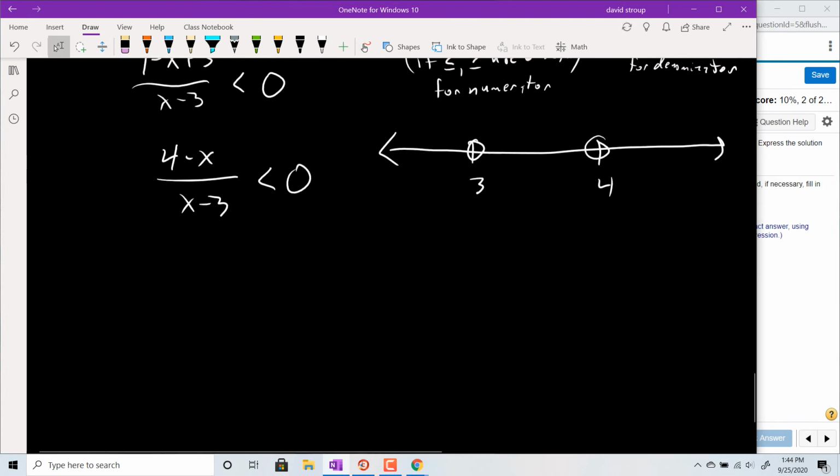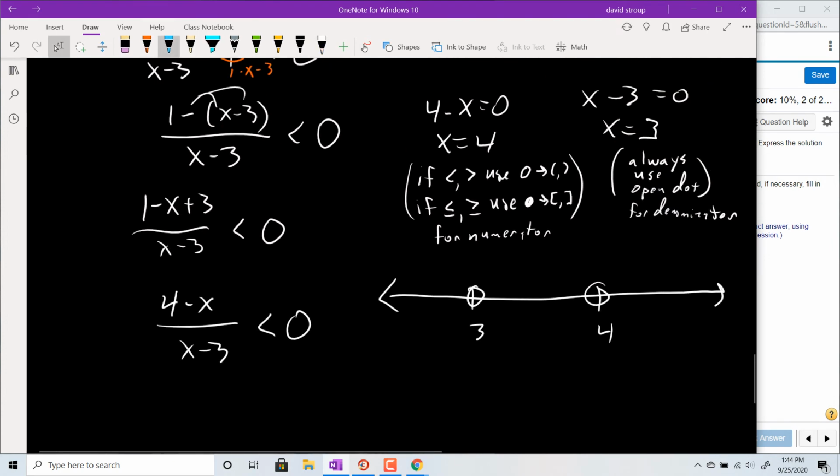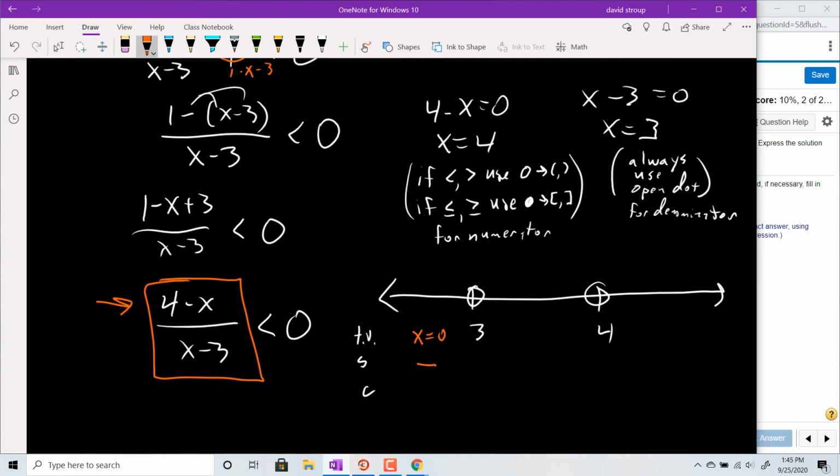So getting back to this problem, now we're doing our test values, our signs and conclusions, and I'll try x is 0, and again I'm putting them into this boxed expression. So 4 minus 0 is positive, over 0 minus 3 is negative, positive over negative is negative, that'll be less than. Let's try 3.5. 4 minus 3.5 is positive. 3.5 minus 3 is positive, so that will be positive, greater than.